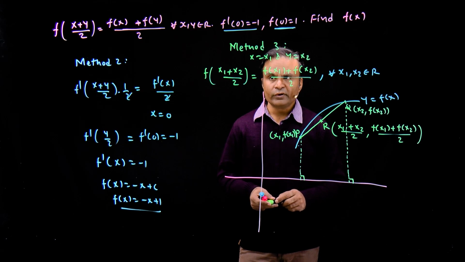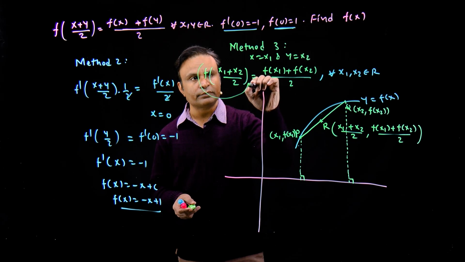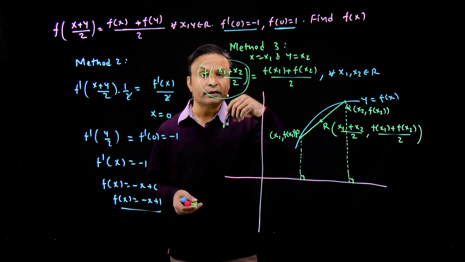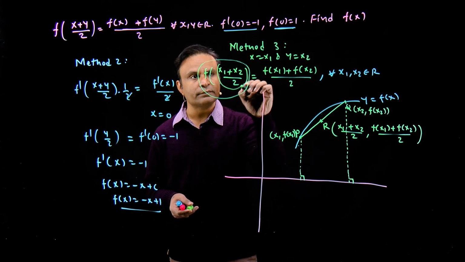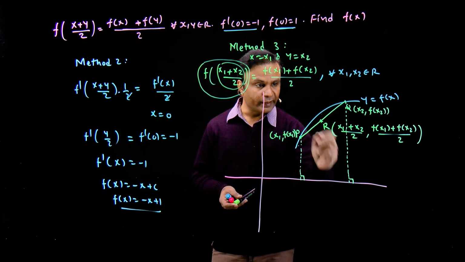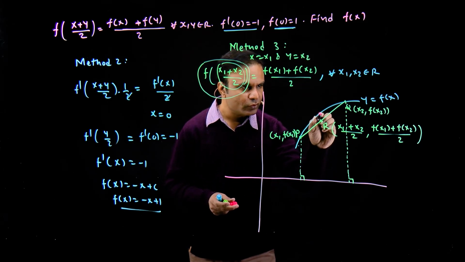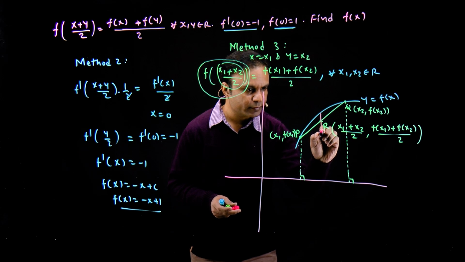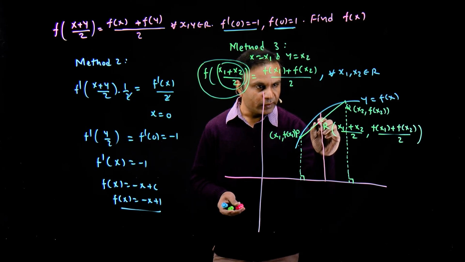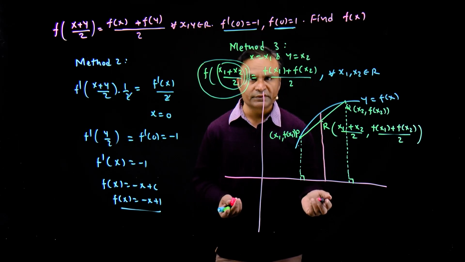Now tell me where you get this value f of x1 plus x2 by 2. Now this value is for abscissa x1 plus x2 by 2, and here we have abscissa for point R as x1 plus x2 by 2. So what I do, I draw one vertical line through point R. Now for any point on this vertical line, the abscissa will be x1 plus x2 by 2.